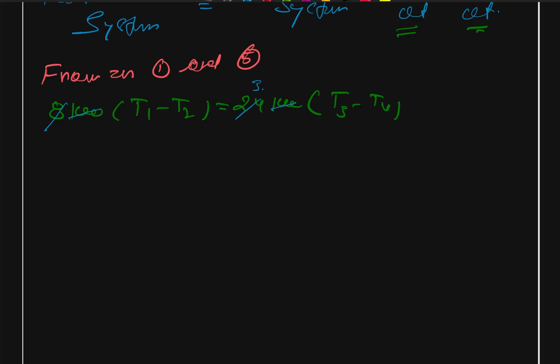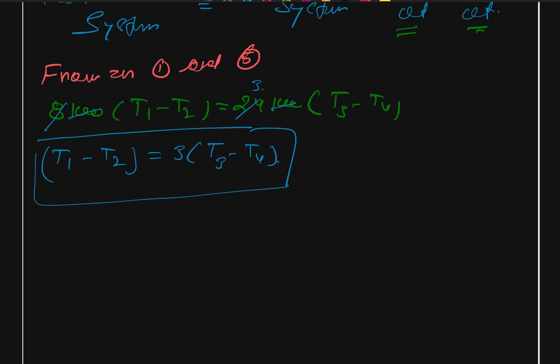So we get from here T1 minus T2 is equal to 3 times T3 minus T4. Let this be equation number 6.